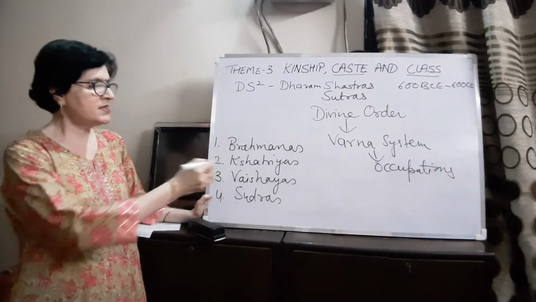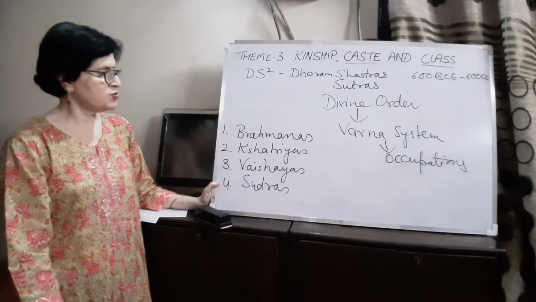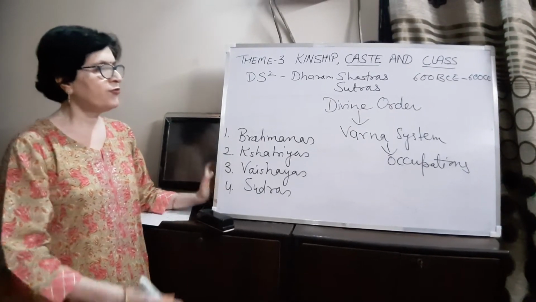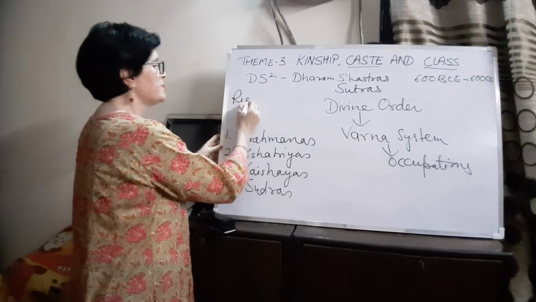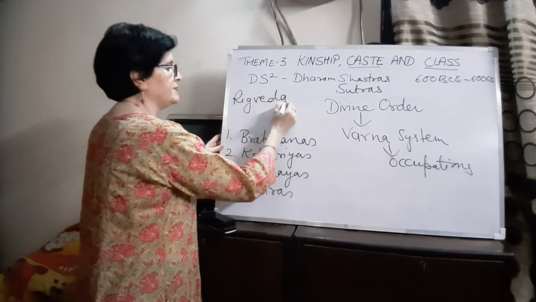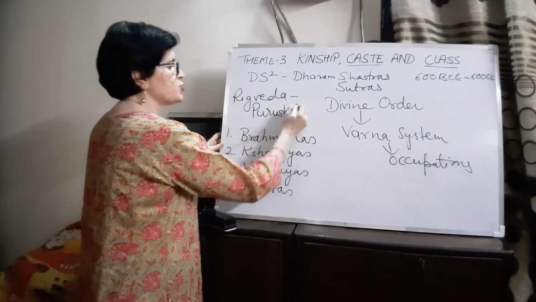So this divine order was there in our Dharma Sutras. And from where are we getting this information? We are getting it from the Rig Veda, and that too from the Purush Sukta.